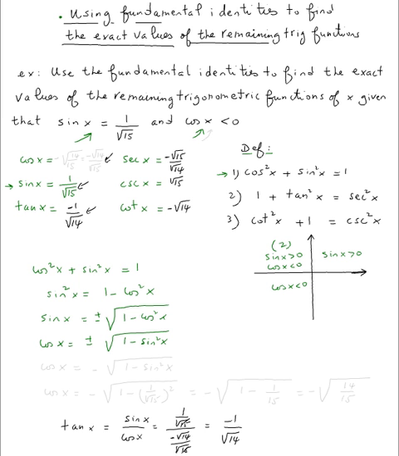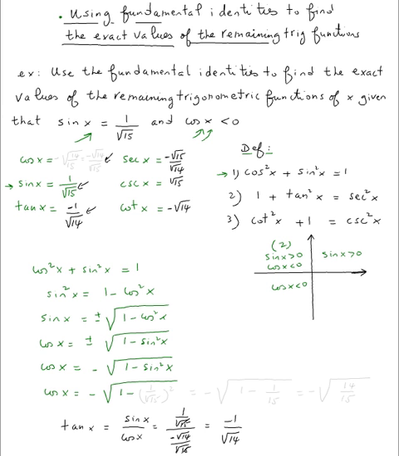Cosine is negative, it's given anyway, so we're only going to take the negative one. So it's negative square root of 1 minus sine square of x. It's given that it's negative, so we don't have to do any work. So cosine is equal minus square root 1 minus sine square.